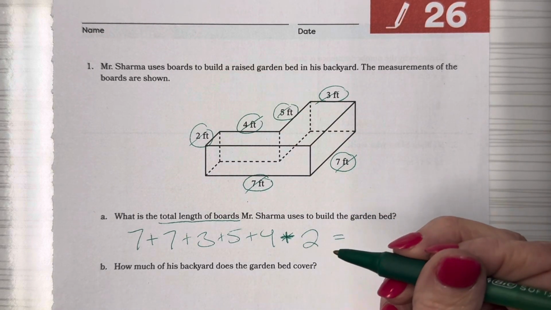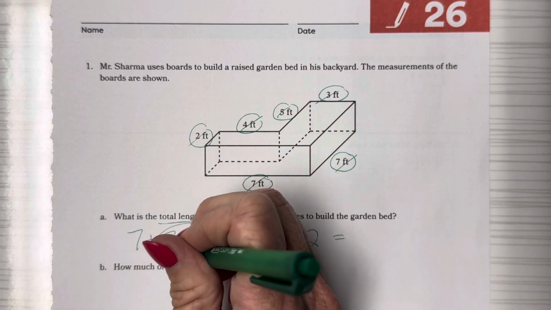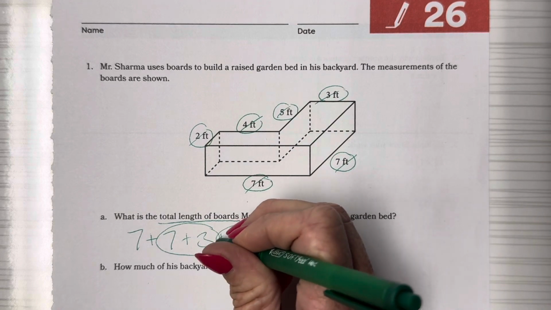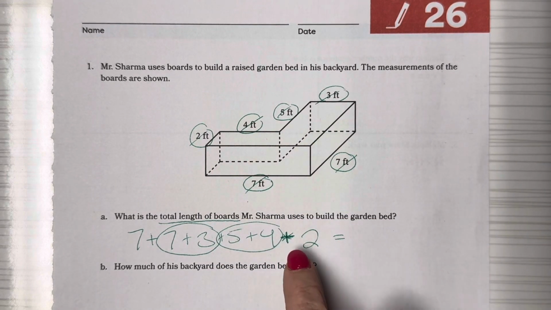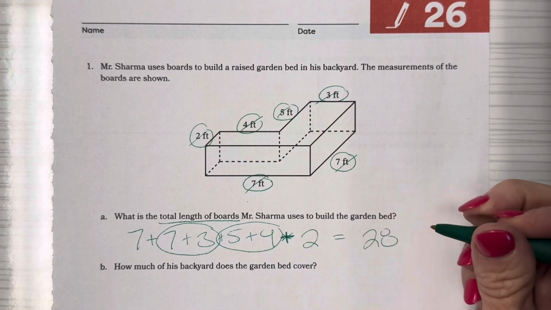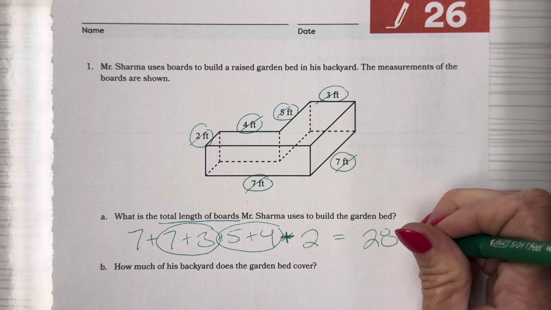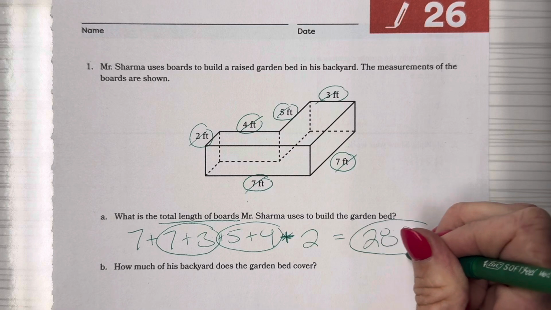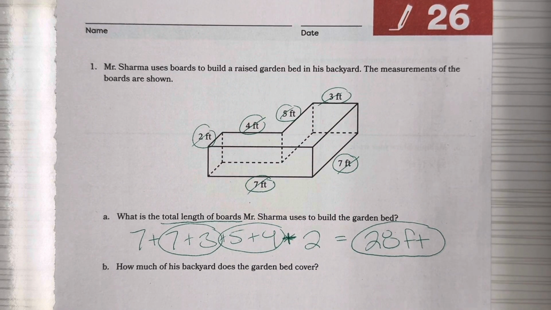So I might want to group them a little bit. So I have 10 here, I have 9 there, so that's 19, 20, 21, plus 8 would be 28, and it's 28 feet. So Mr. Sharma needs to buy 28 feet of board to complete this garden bed.